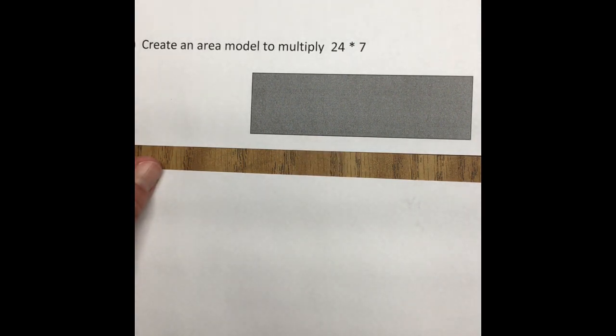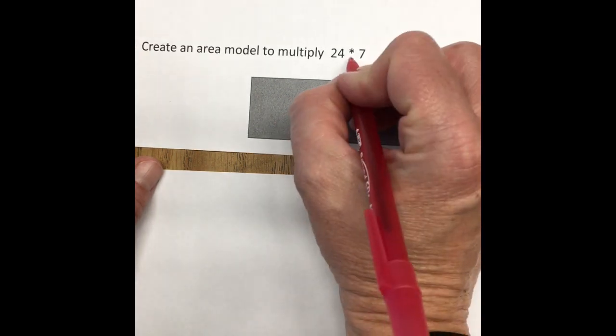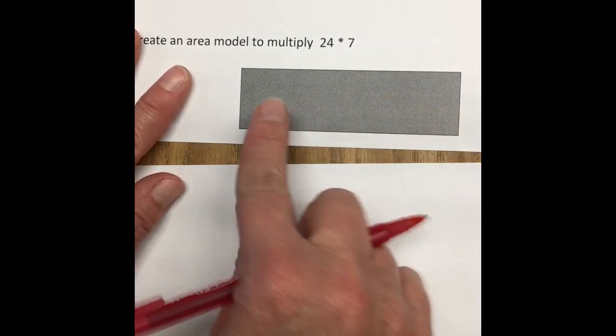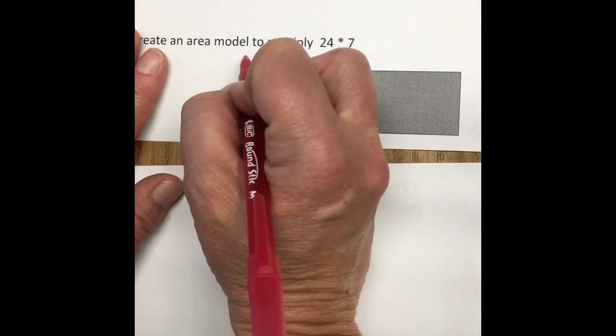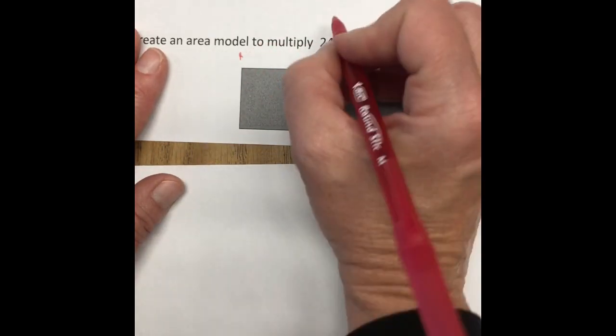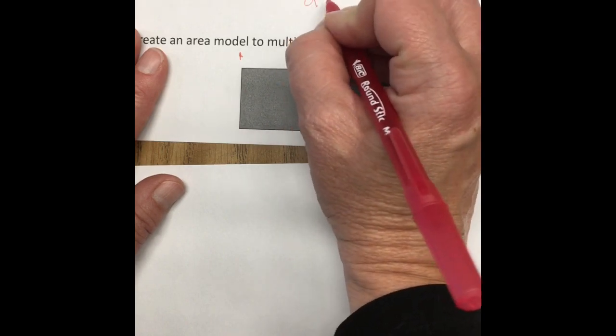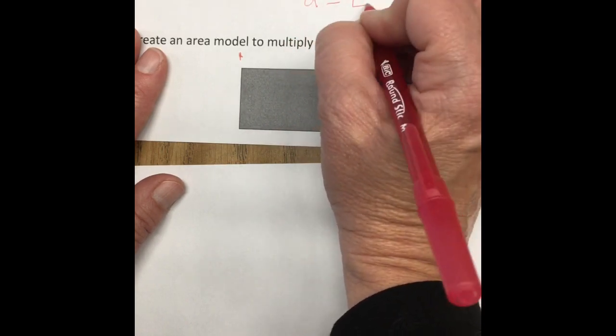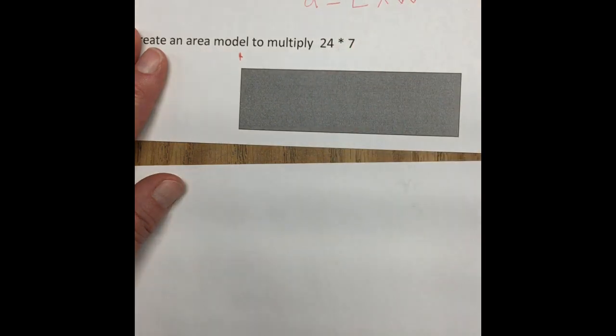Okay, so in this case, when I'm looking at 24 times 7, I would first want to model the original problem. Okay, so I could take this square, and I know that the area model is using the formula for area, which is area equals length times width. You guys remember that?